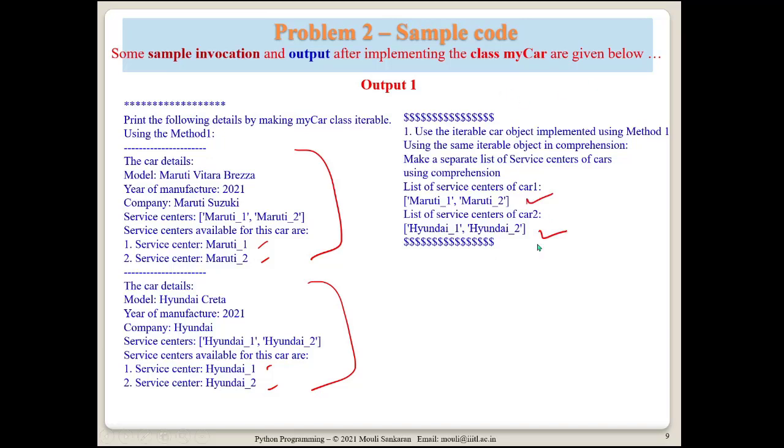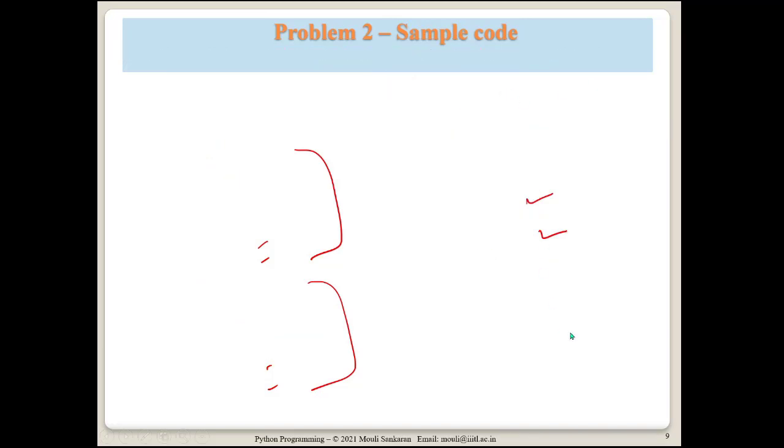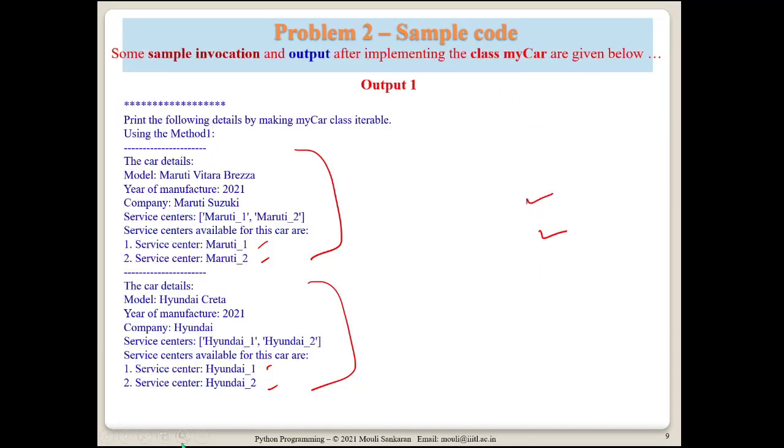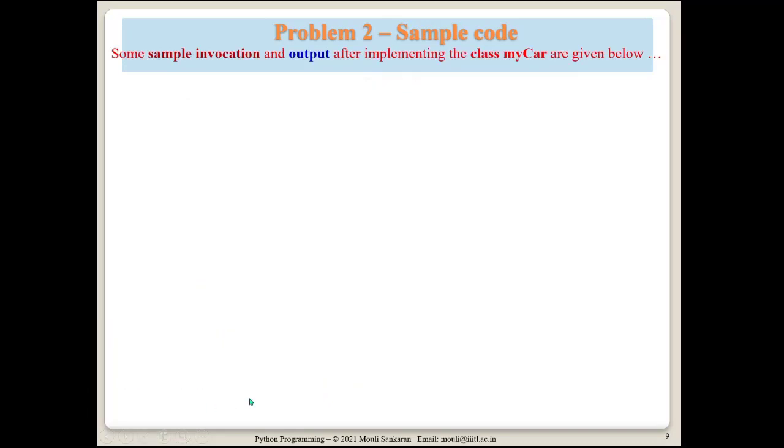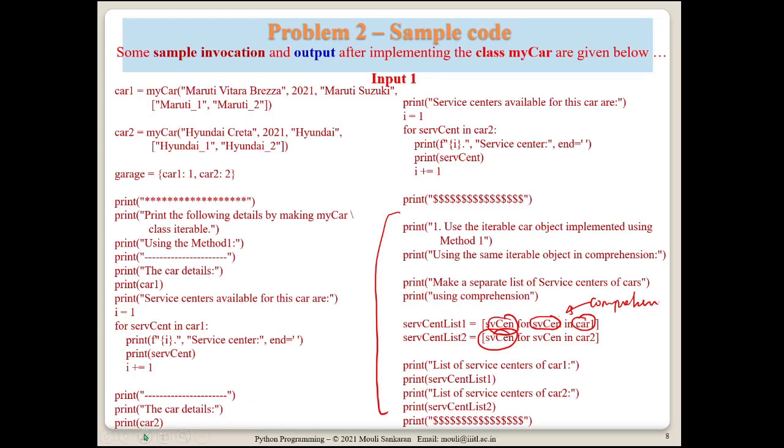Now looking at this output, you will know what this code is giving you. Yes, this entire code is giving that output. I wanted to implement the car class using method 1, and this whole printout is coming for method 1, which is mentioned here.